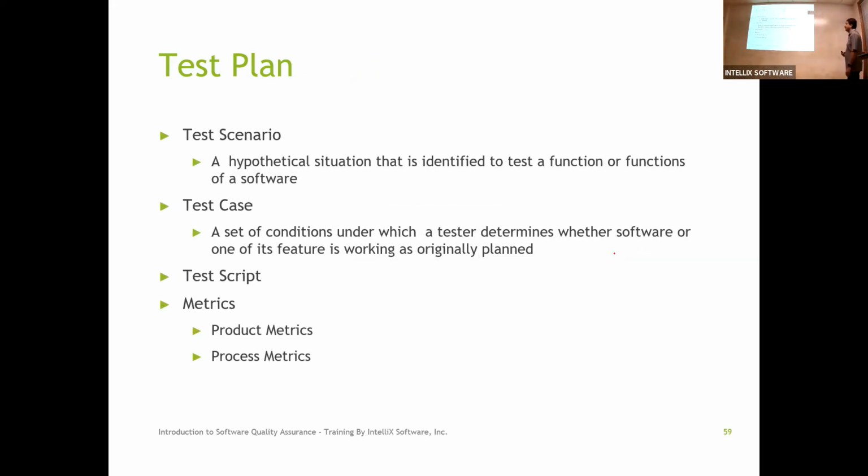Okay. In addition to that, it contains, a lot of times, a detailed description around the scenarios and the test cases. Now think of a scenario as an overall hypothetical situation that needs to be validated within the system for the function of the system. In an example of our flow, you can say, hey, my scenario is I'm going to create a dealer in the system.